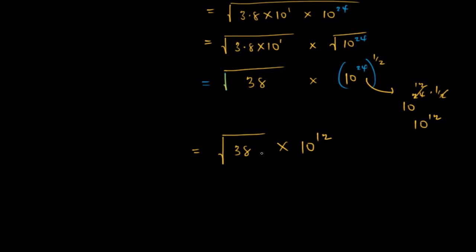So now again, what we have here is the root of 38. Now let's draw a number line. When we draw the number line, let's say 38 falls here. I'm sorry, this is 38, and then we have 39, we have 40, we have 41, you have 42, and let's say you have 37, you have 36, you have 35.